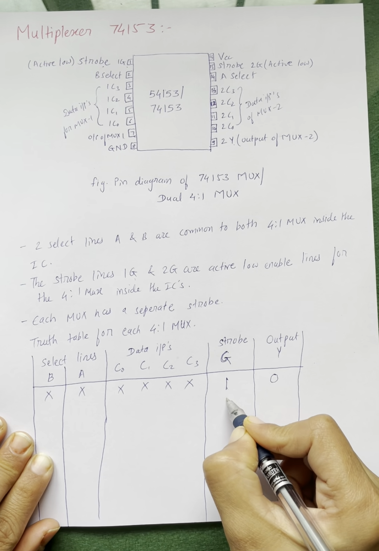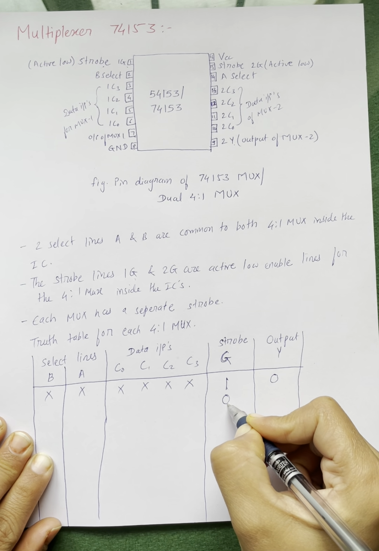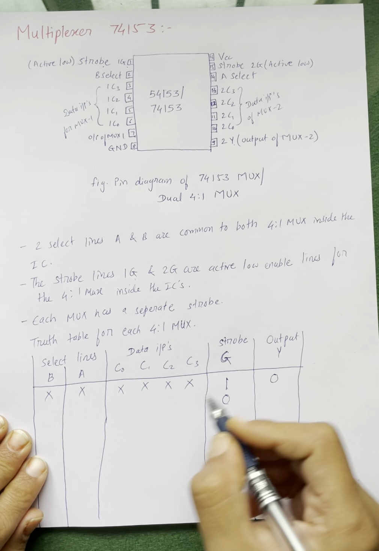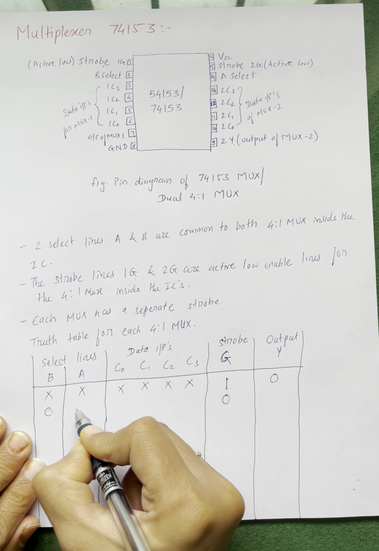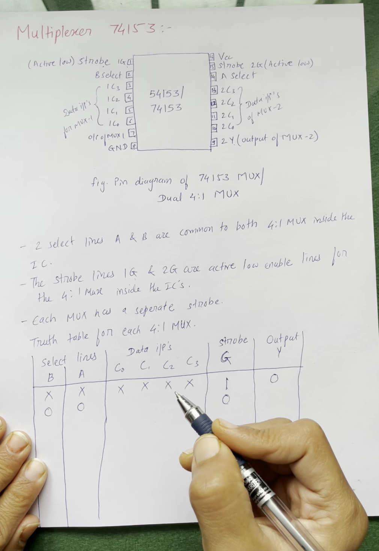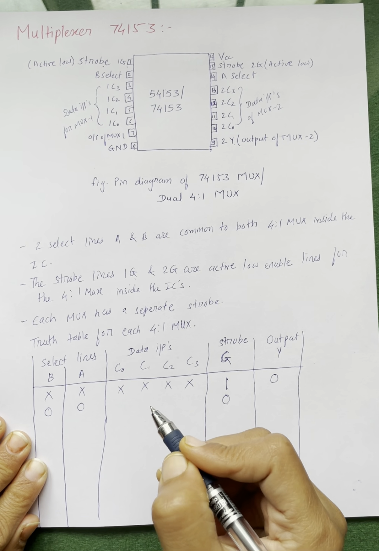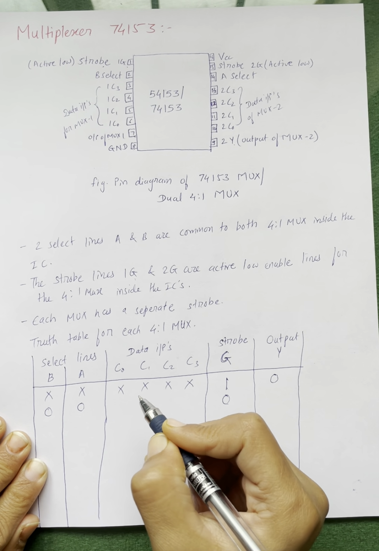Now we'll consider the strobe as 0. Now I will provide the input, that is 0 0. Select lines are 0 0, that means which line will be selected? The C0 data input line will be selected.